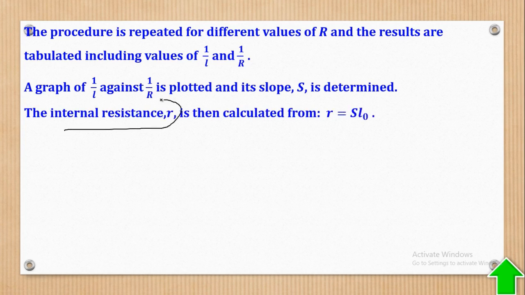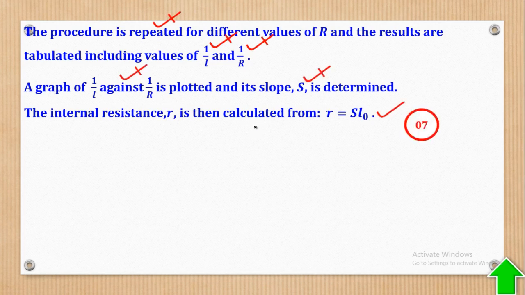The internal resistance, small r, is then calculated from small r equal to S L naught. And that is how marks would be awarded.